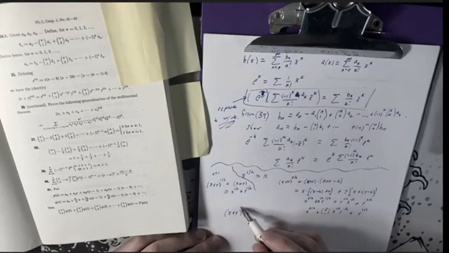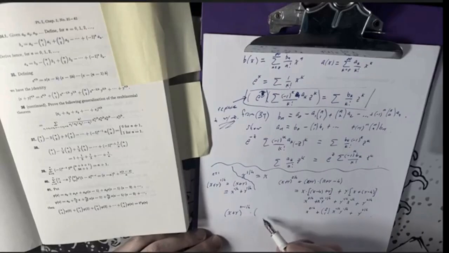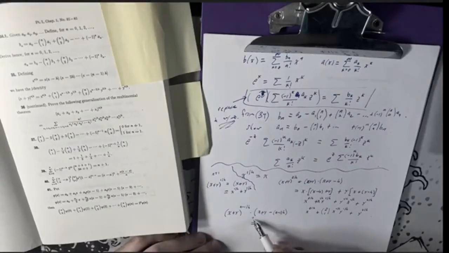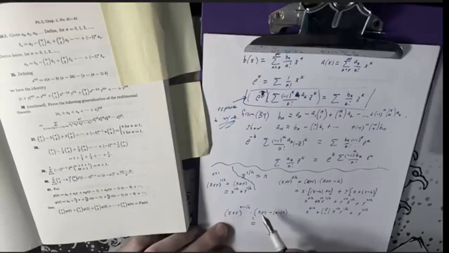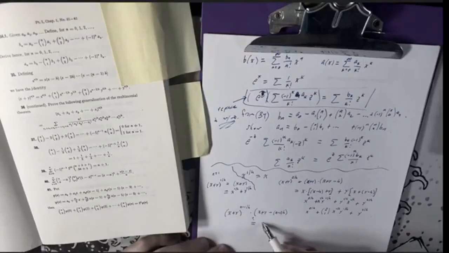Could you take n minus 1 h and multiply by x plus y minus, I guess it would really be this, right? And do you basically show that you get the formula for x plus y to the nh? Okay?